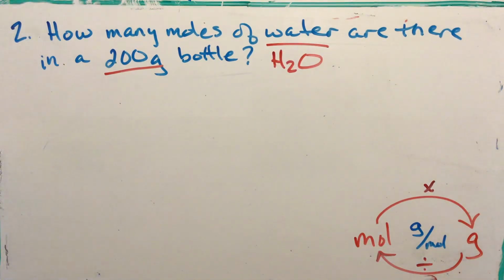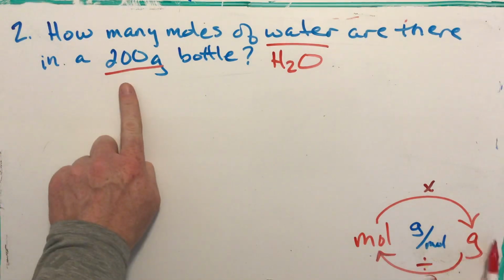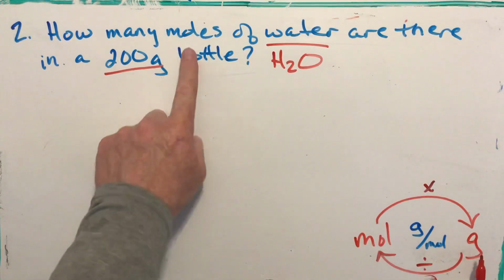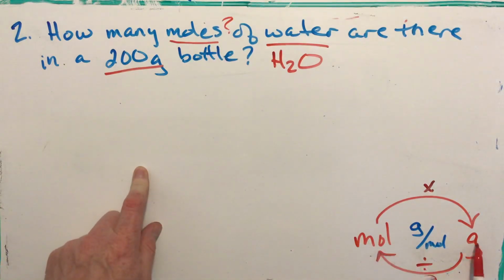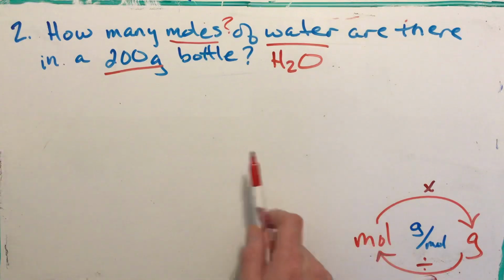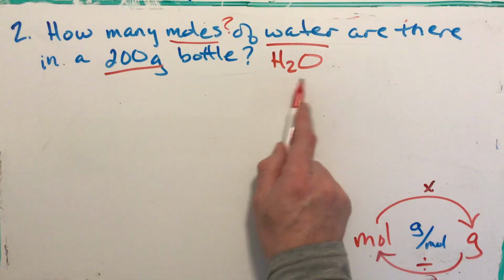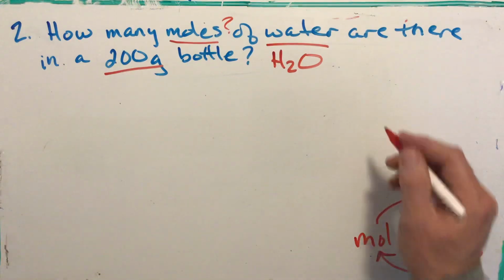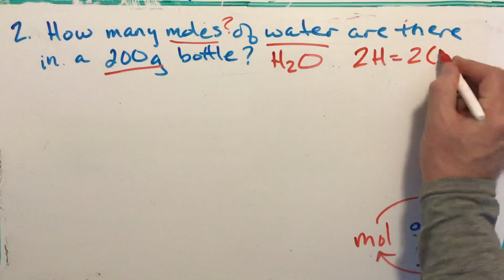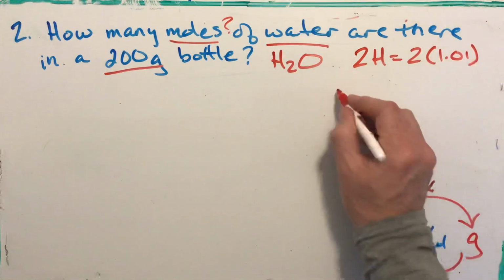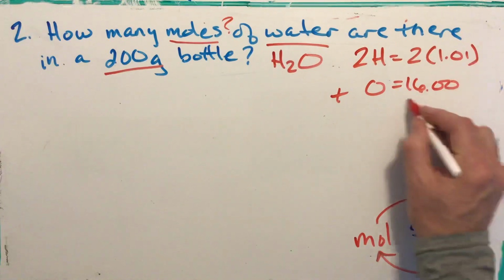Before I can do the question, it looks like we're starting with grams. So I'm starting with grams right here, and I've got to turn it into moles right here. So I've got to go this way, from here to here. To do that, I need the molar mass, and for the molar mass, I need the formula. Well, water's a nice and easy one. So I know that I have two H's, which means I have 2 times 1.01 plus an oxygen, which I know is 16.